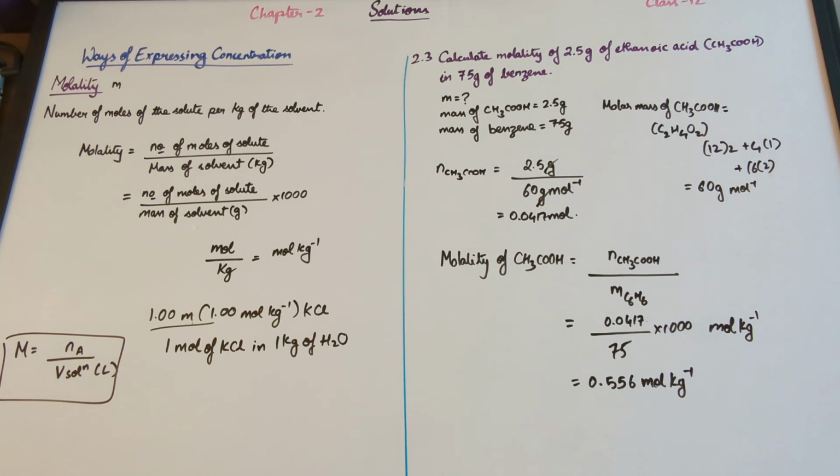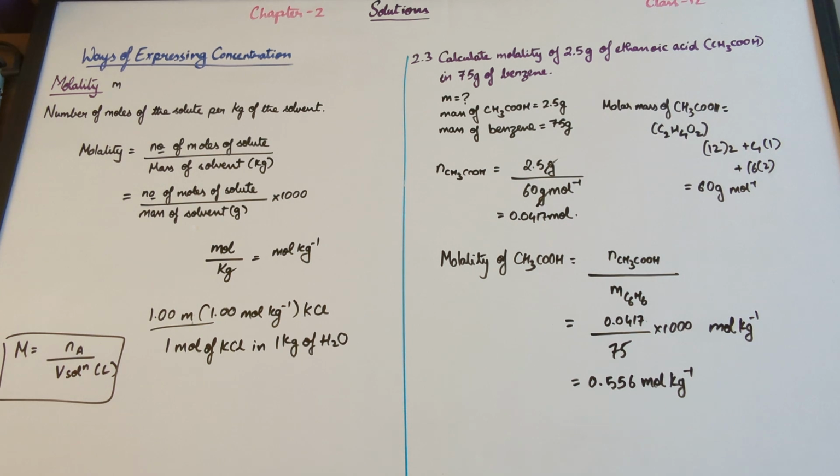With that, we're done with the various ways of expressing concentration. One thing I'd like to point out is that out of all the things that we've learned, mass percentage, parts per million, mole fraction and molality are all independent of the temperature. When you heat water, there is obviously going to be a change in volume, which is what you learned in class 11.